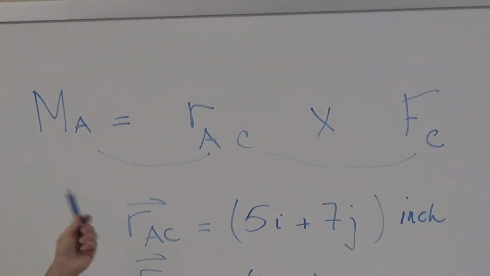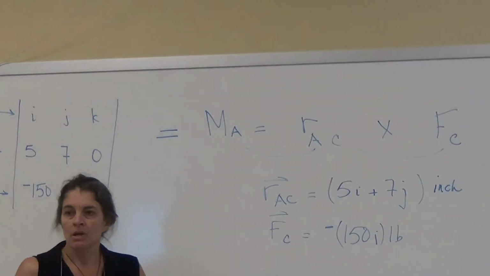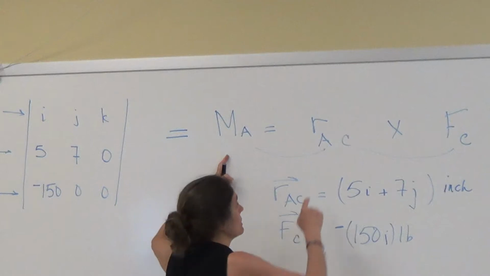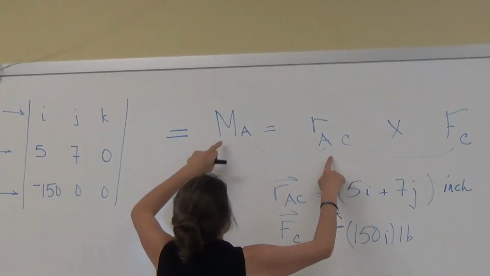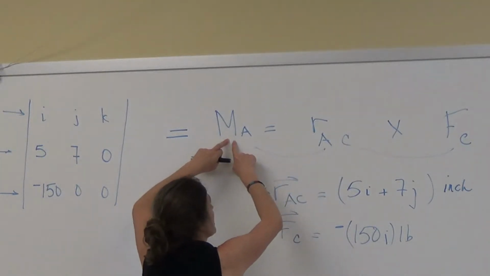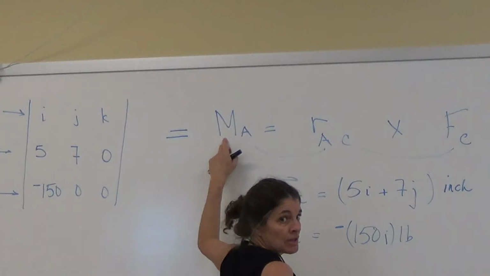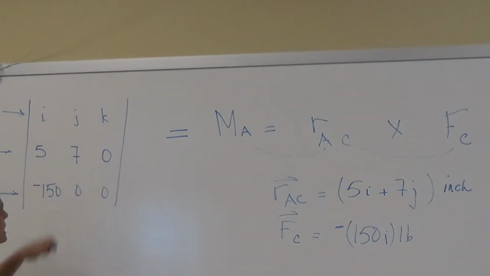In fact, what kind of vector does the cross product give us? Perpendicular. It's a vector that's perpendicular to both of the two that you're crossing. So this moment is a vector that's perpendicular to these two vectors. So we have to have it in vector form in the end, so we put the I, J, and K.